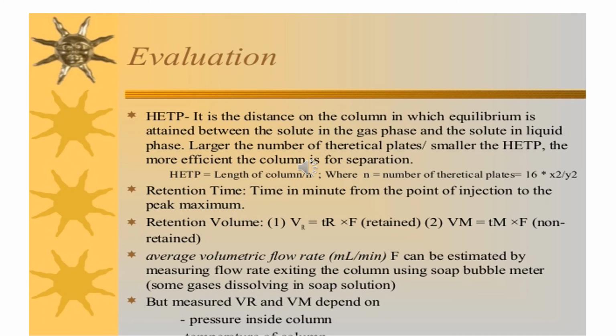Then retention time: time in minutes from the point of injection to the peak maximum. Retention volume has a formula. The average volumetric flow rate can be estimated by measuring the flow rate exiting the column using a soap bubble meter. But measured VR and VM depend on pressure inside the column.